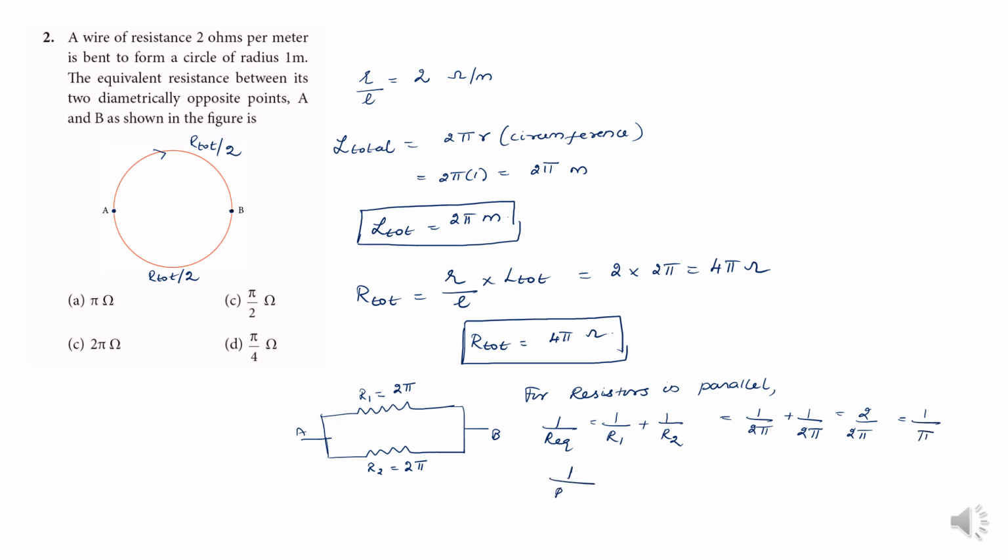So 1 by R equivalent is equal to 1 by pi. That means R equivalent is equal to pi ohms. That is option A. Do you understand?